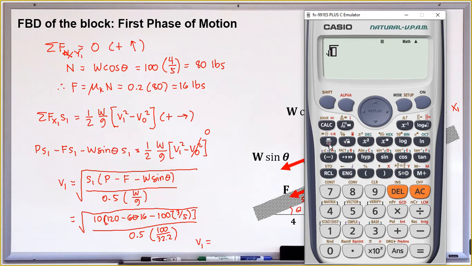Square root of 10 times 120 minus 16 minus 100 times 3/5, and then 0.5 times 100 all over 32.2. So the answer is 16.83.